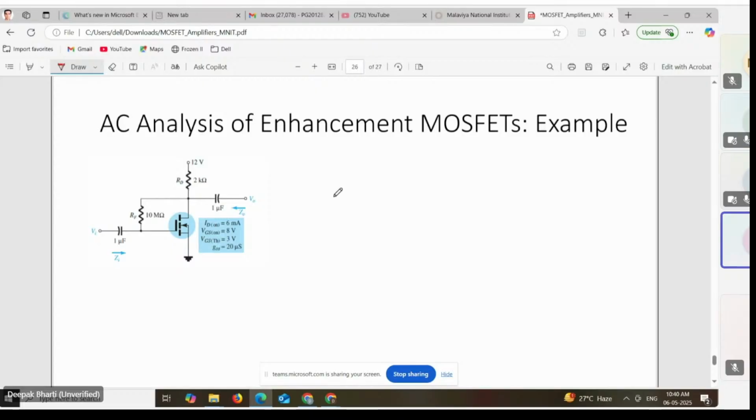So I will be directly using the results we had obtained in the previous session. I will be writing the operating point. ID was 2.8 milliampere and VGS is 6.4 volt.